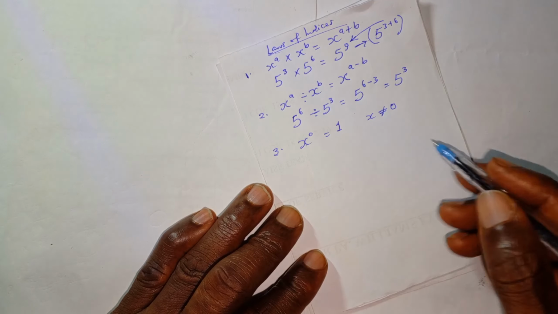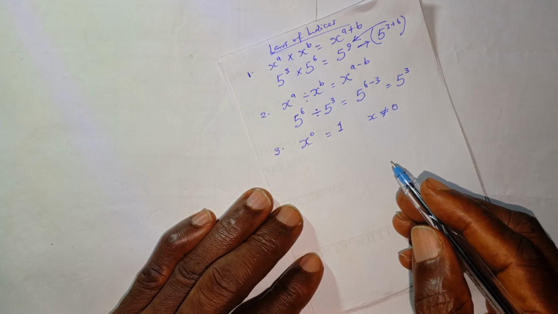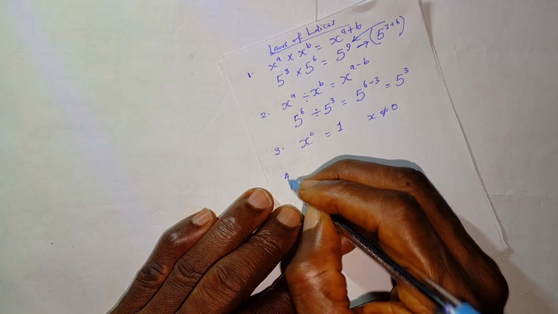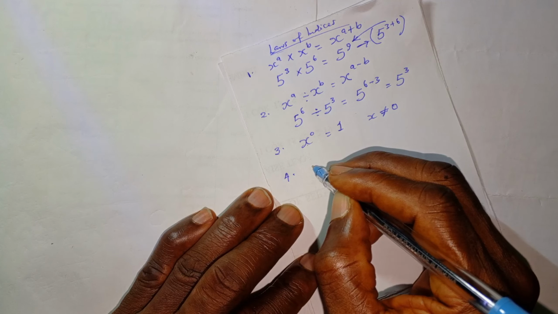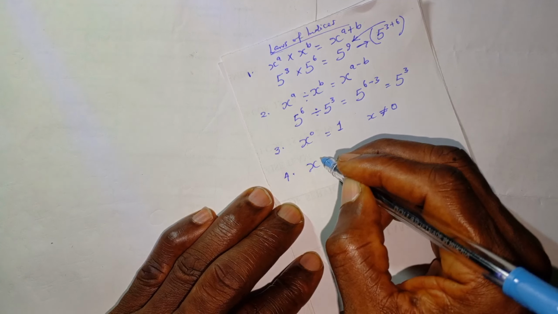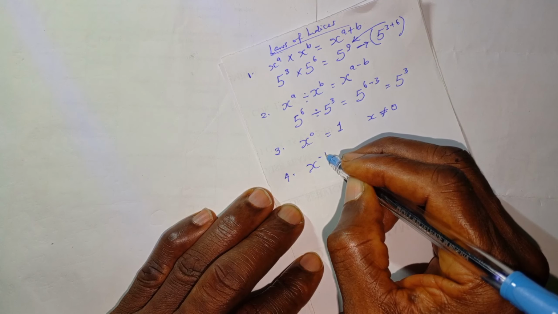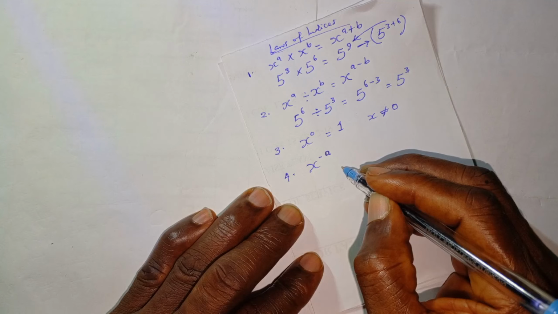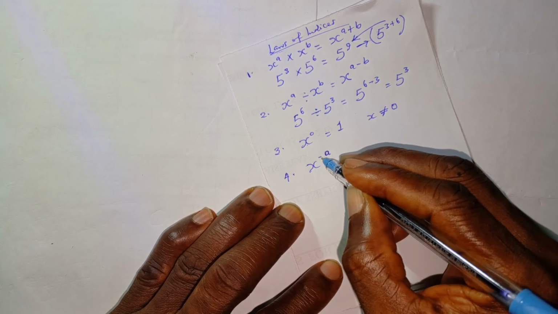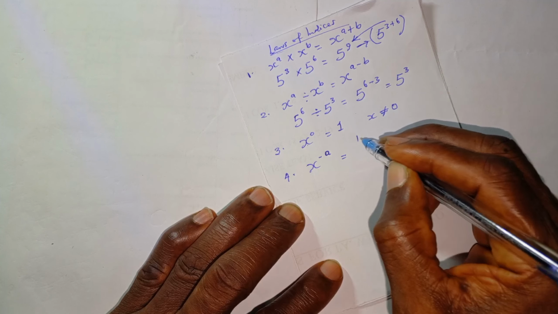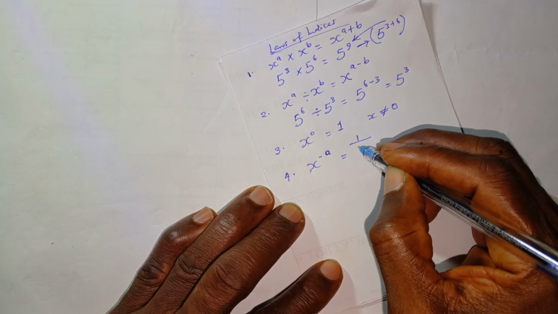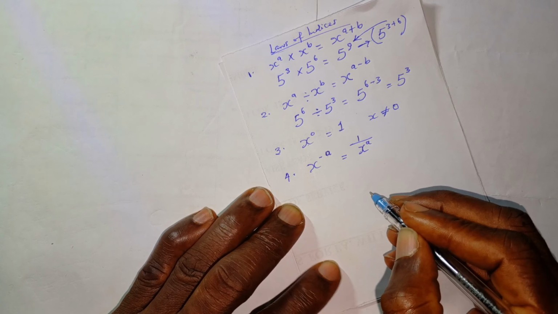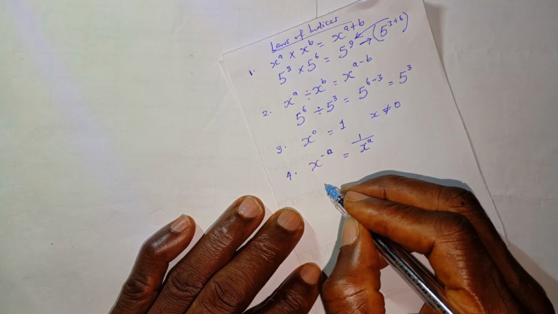So for now, let's deal with some of these questions. Okay, let's take one more law of indices, which says x raised to power minus a. Let's use letters first. In this case, we have it as 1 over x raised to power a. So let's bring numbers into it.